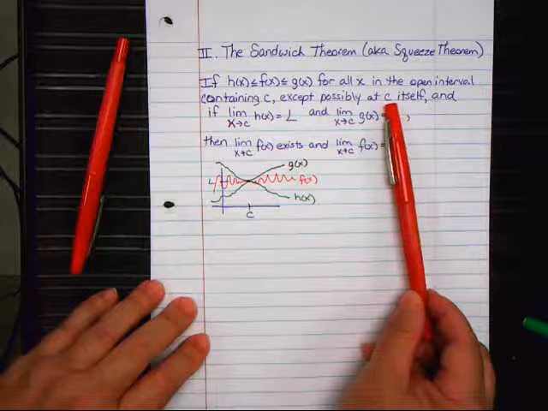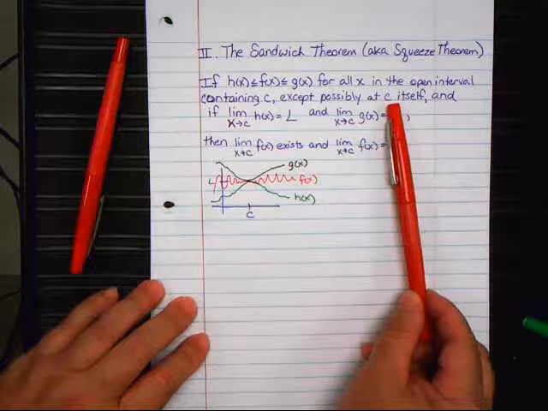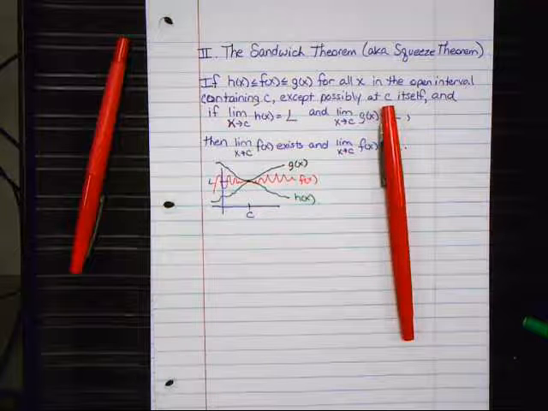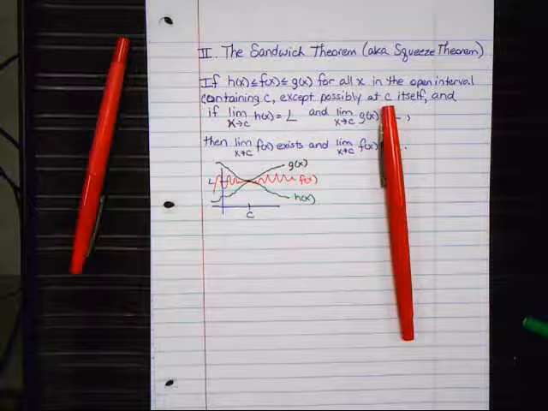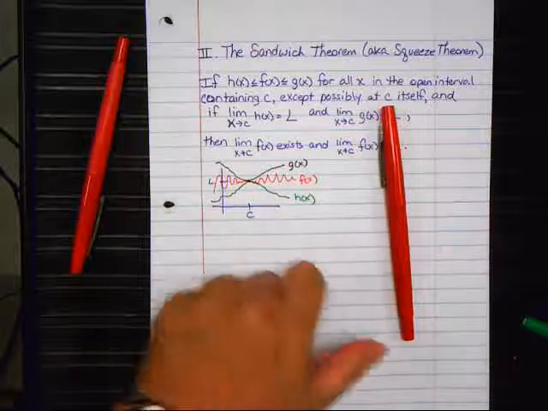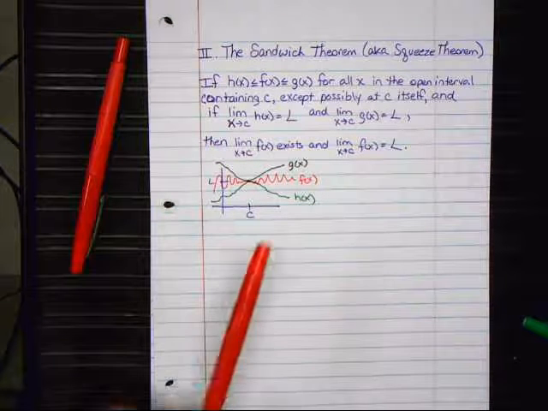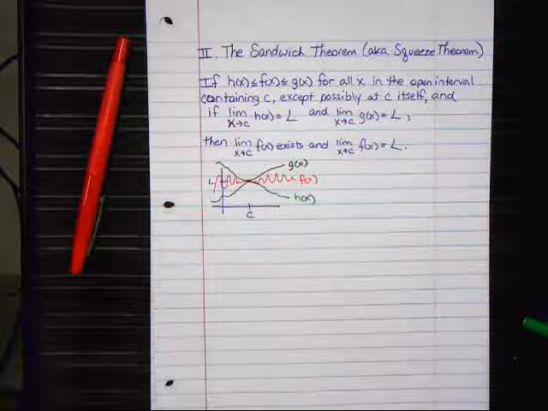That's all that's saying. There might be a hole at c. But can you have a limit if there is a hole? Think about it. Can two sides approach a hole and that hole be the limit? Is that allowed? Yes. So in this case, it's saying there could be a hole, but as long as h and g both go to L, f has to also. Okay? Now does that make sense to you?